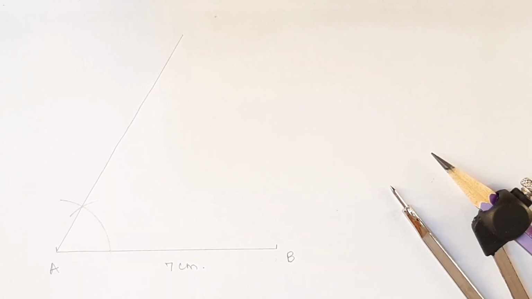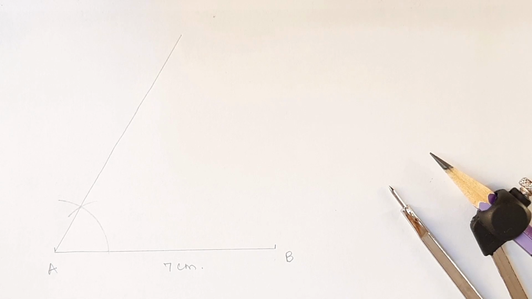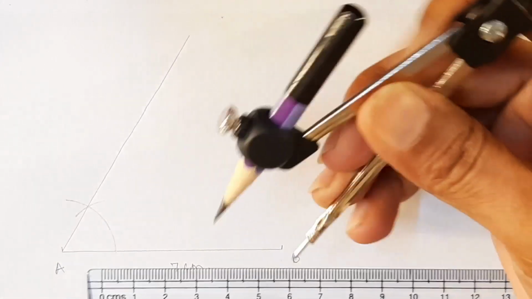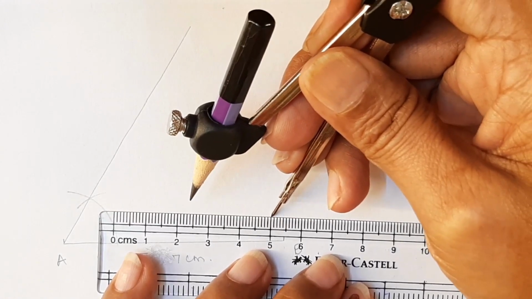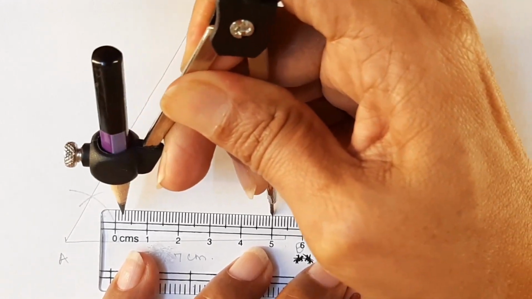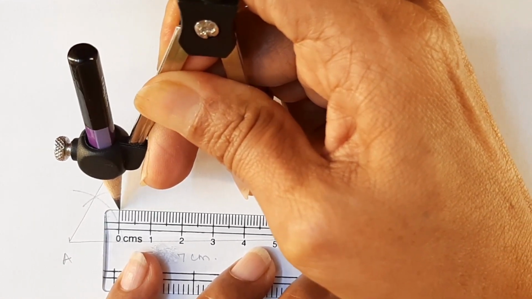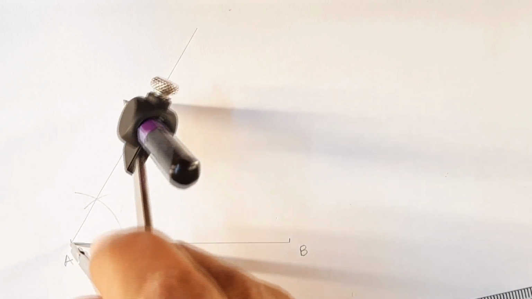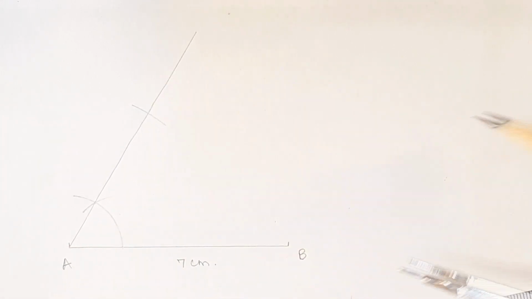Now AC is 5 centimeters. So we take AC 5 centimeters. We keep the point of compass on A. There.